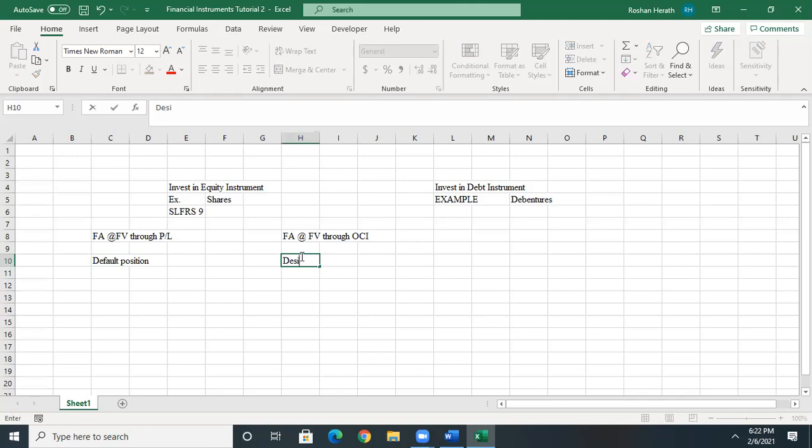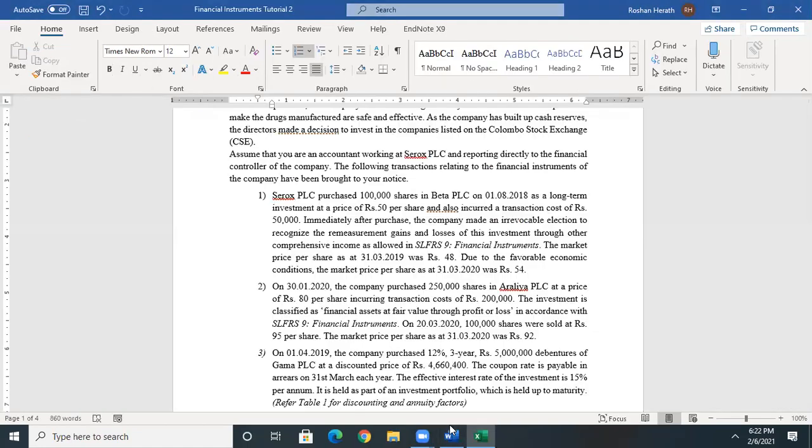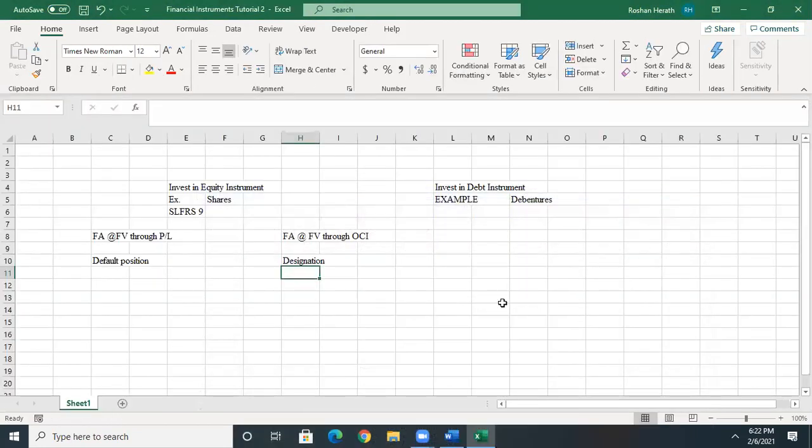That designation is irrevocable. You cannot reverse it later. Once you take it, you need to go by it. It is an irrevocable election.